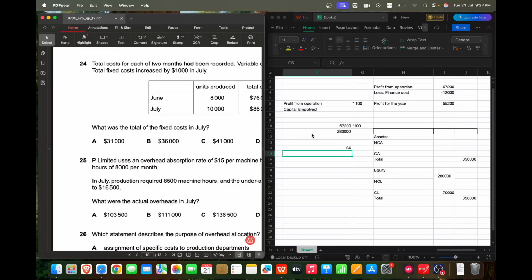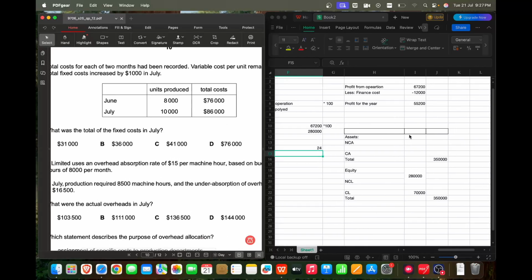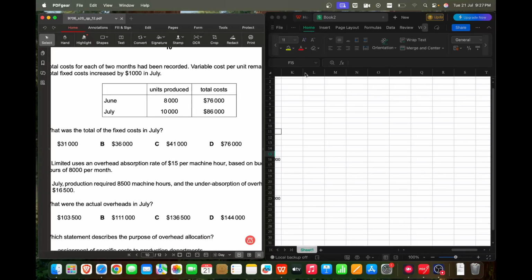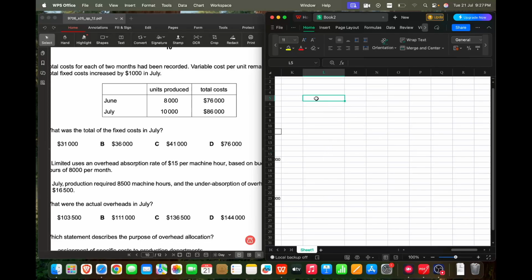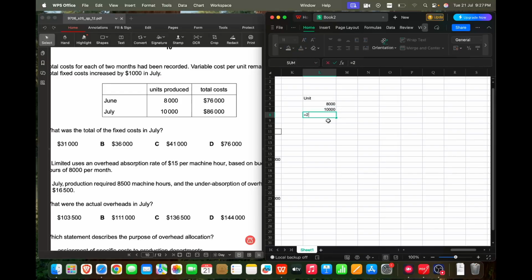And this question is easy to solve if we know the process. So if you look at here, output. Units that we produce in June is 8,000, and in July we produced 10,000. Now the difference out here is 2,000 extra that I produce, which is this minus this.